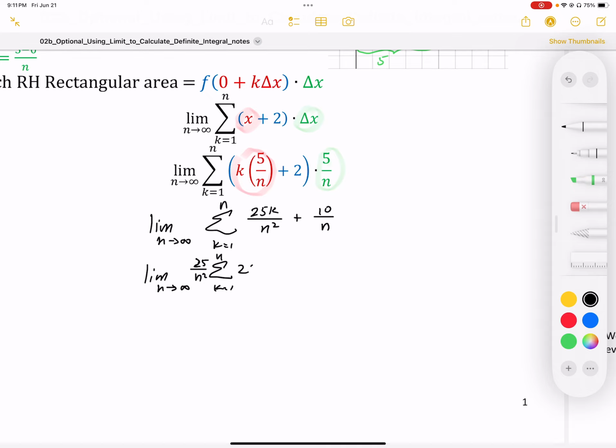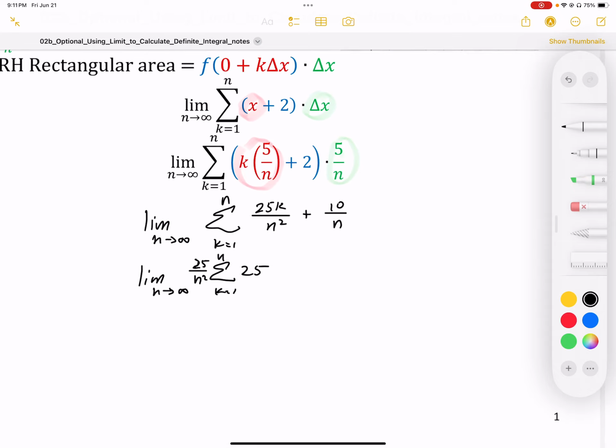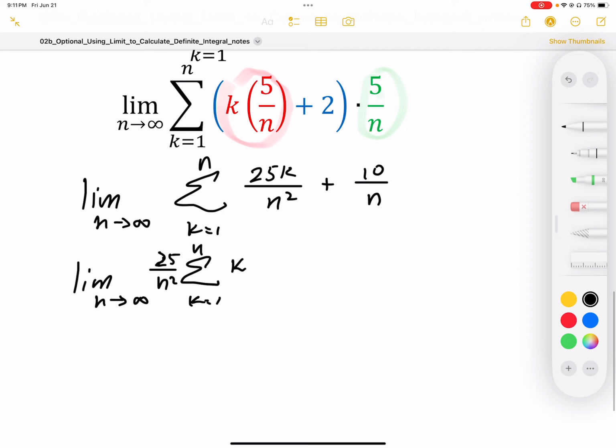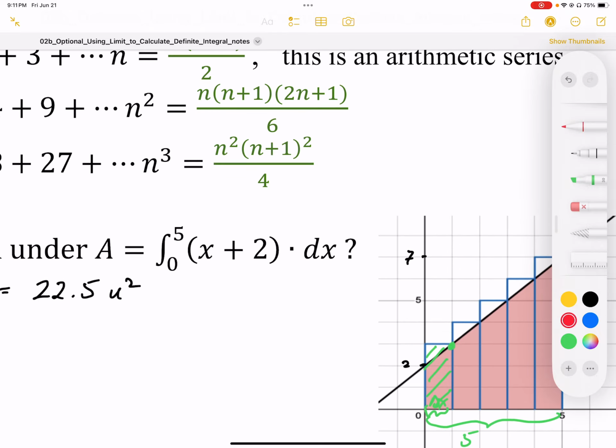Okay, and I'm just going to be left with, sorry, 25, not 20, I'm going to be left with k. Okay, so this expression, now remember that this portion here, we have established a sum for that.